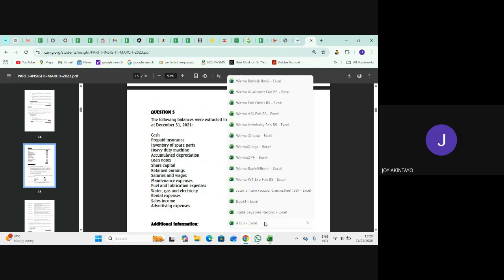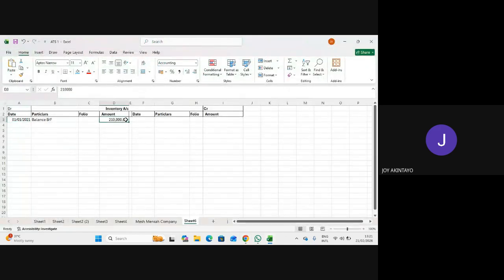Then at the end of the year, 31st December 2021, we have a balance b/d.